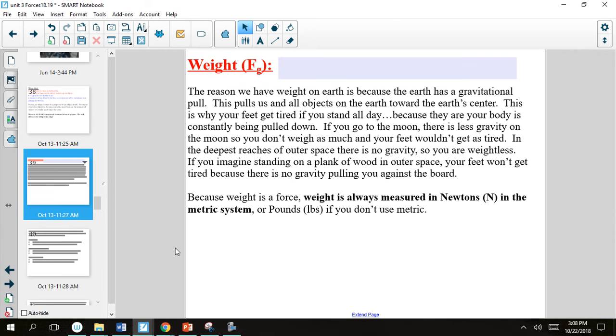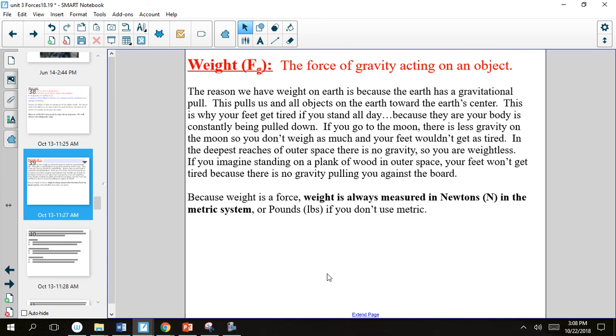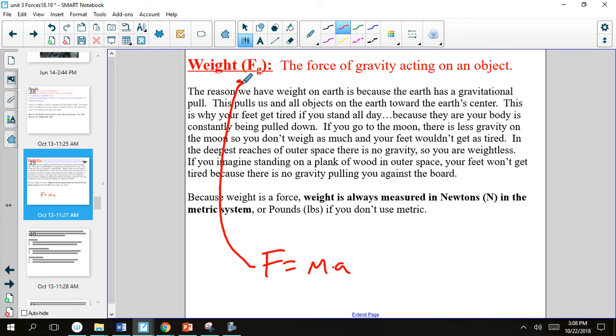Alright, so that being said, let's talk about weight. It's not uncommon for weight and mass to be used interchangeably, but we need a little bit better of a definition for it. So weight is actually the force of gravity acting on an object. If we look at Newton's second law, where force equals mass times acceleration, we're looking at weight as a force.